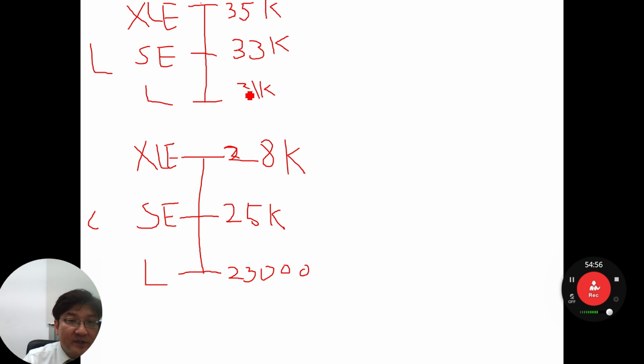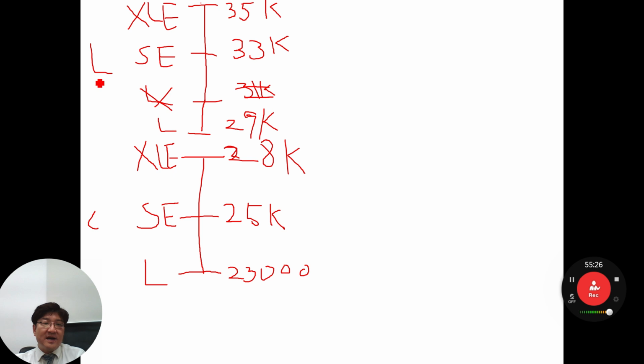What if they set the price for the L model at 29K? Then this Lexus L trim model is only $1,000 higher than the Camry's most expensive model.